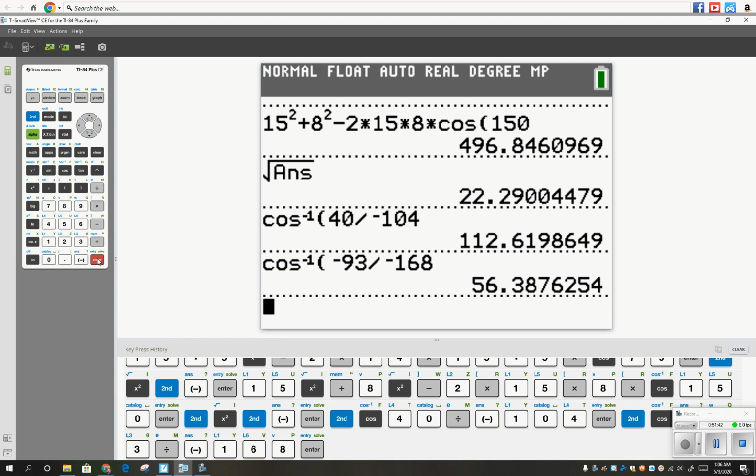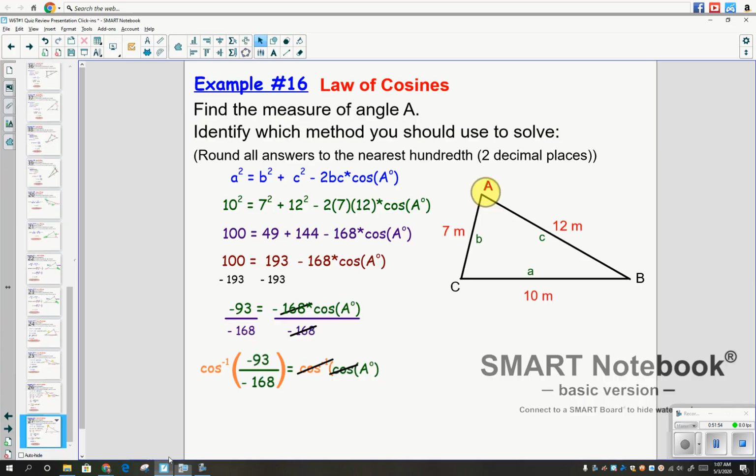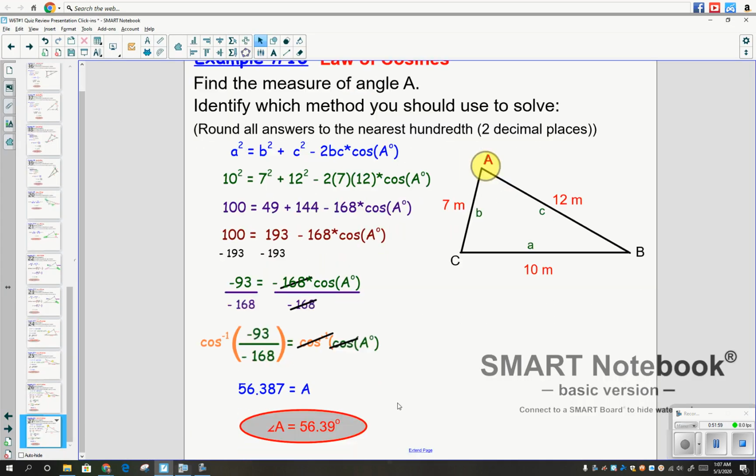And I get 56.387, which rounded to the nearest hundredth, is 56.39 degrees.